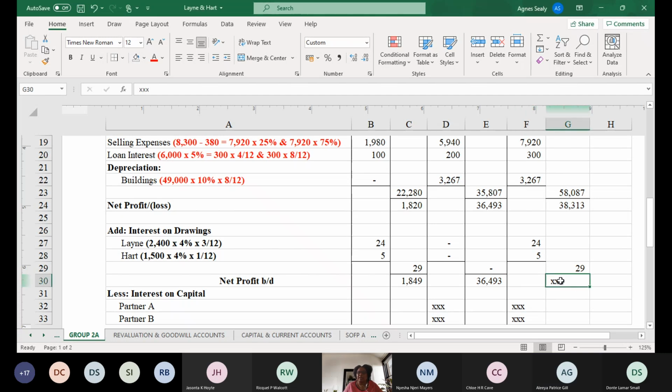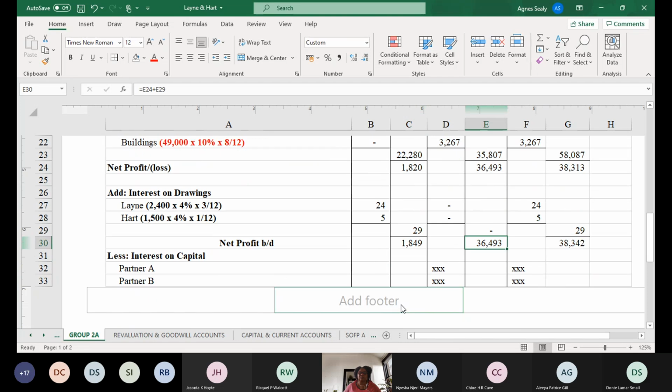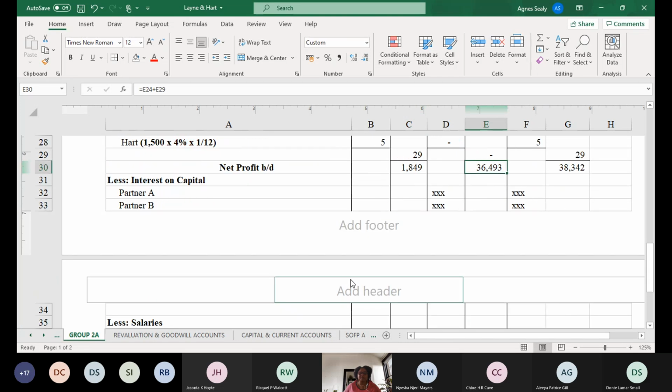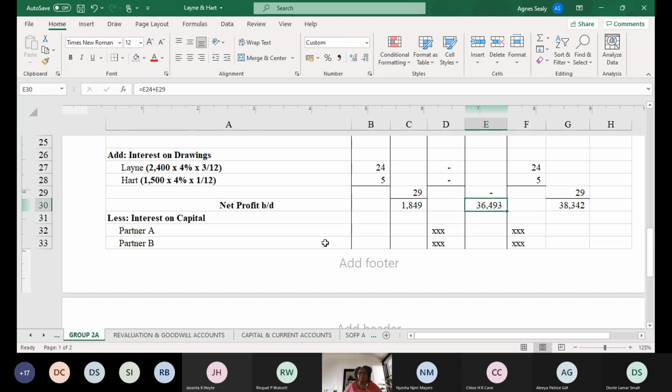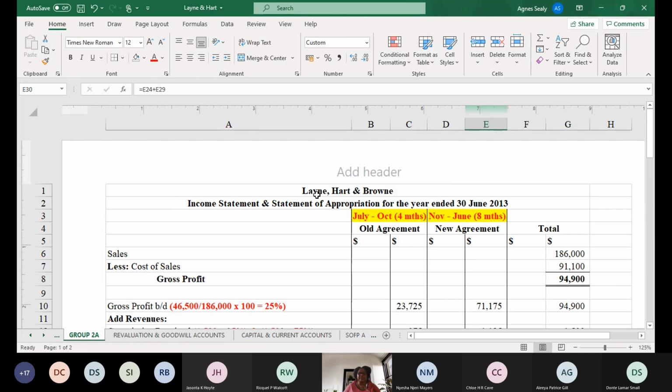And then obviously our total new net profit is $38,342. So it is this $38,342, or in other words, these figures here that we have to look at sharing, let's say, appropriating when it comes to the interest and salaries, etc. Right, that's what we're looking at there.